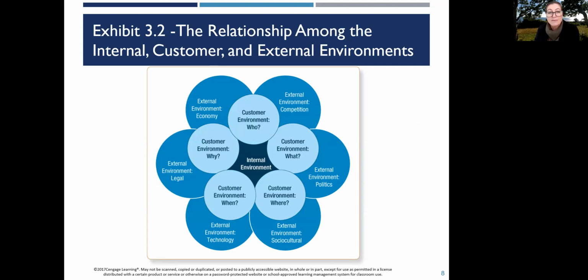Okay, so this is a graphic representation of what we've just talked about. In the center of this circle, we've got the internal organization, and surrounding that, we've got the customer environment, where we're asking ourselves: who is our customer? Where and when is our customer using our product?